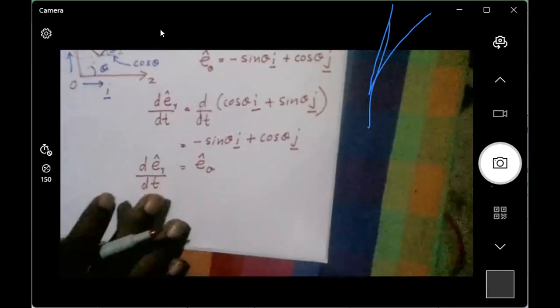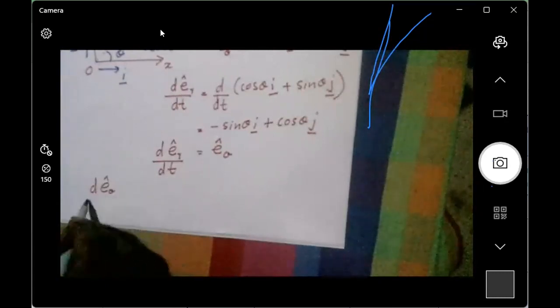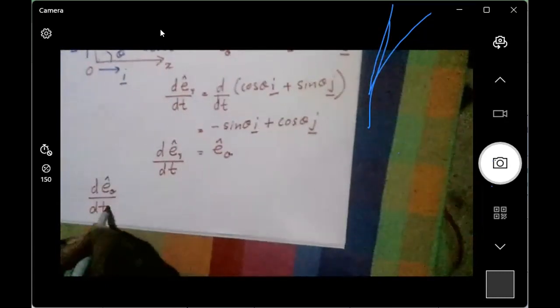The same way, find d e theta hat over dt.